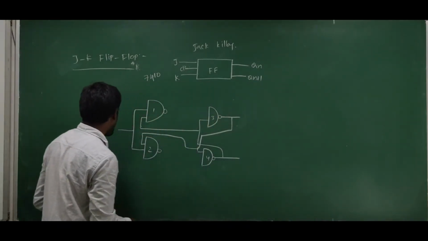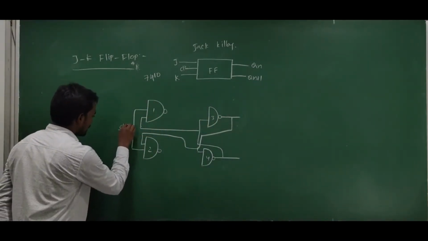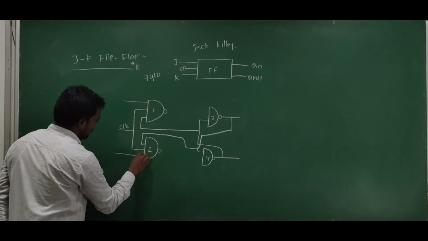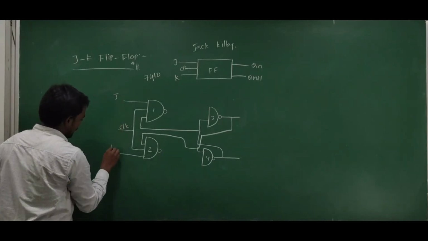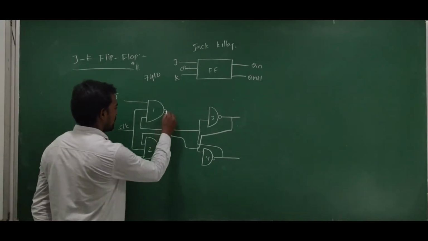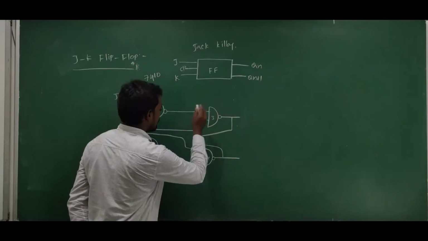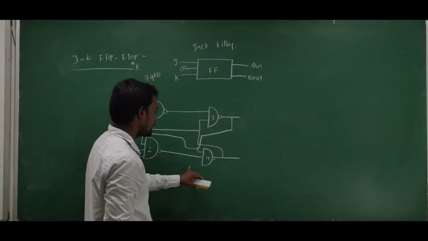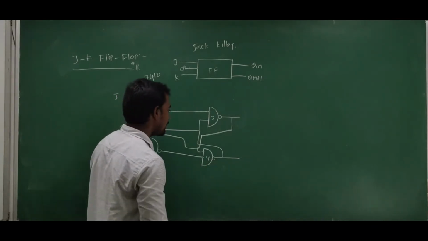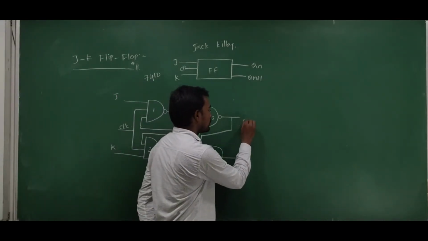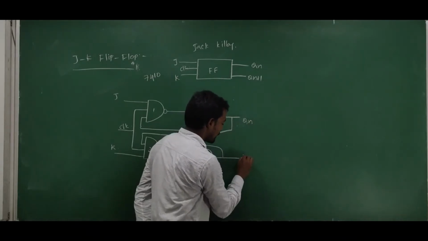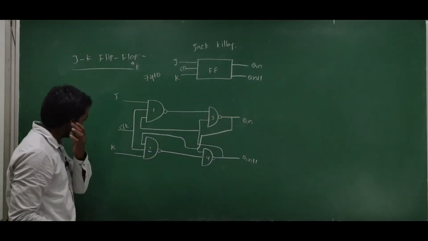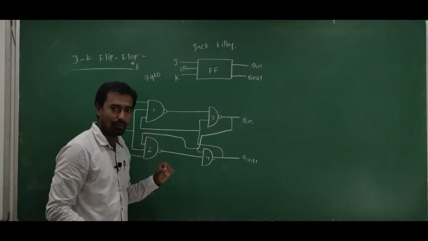The two inputs are J and K. The first NAND gate output is connected to the third NAND gate, as well as the second NAND gate output is connected to the fourth NAND gate. Here we are getting the two outputs, Qn the present state output and the next state output. So this is the basic logic circuit of the JK flip-flop.